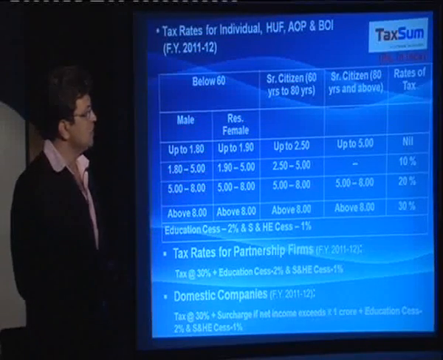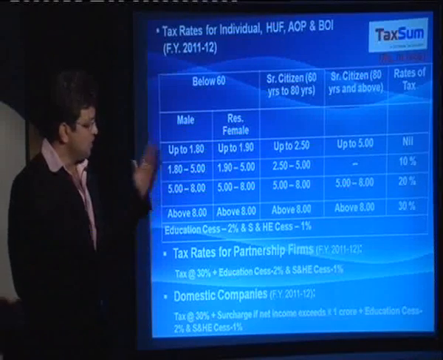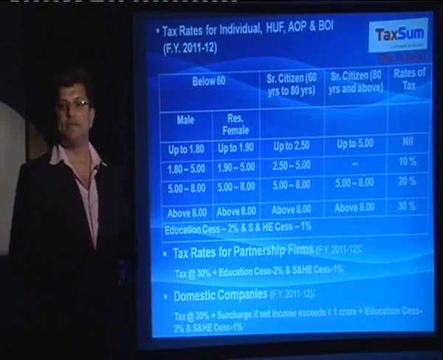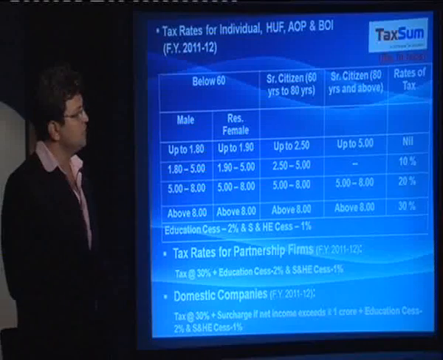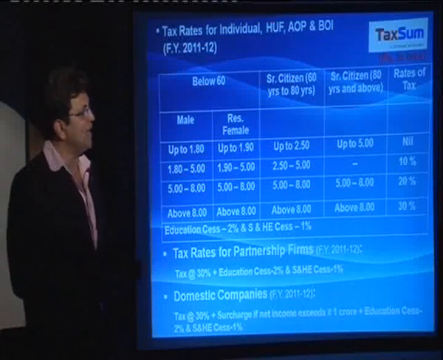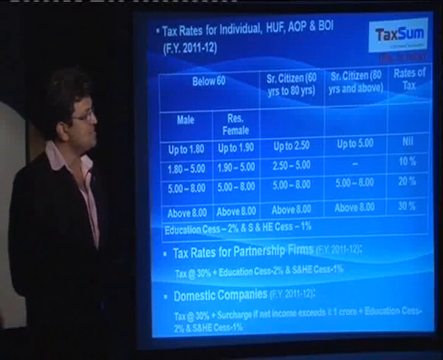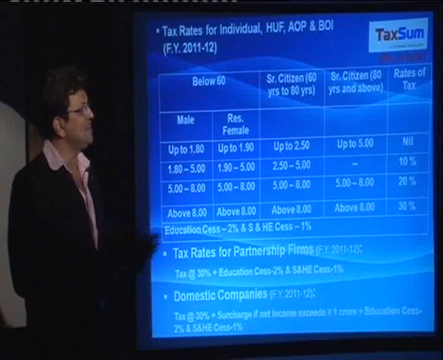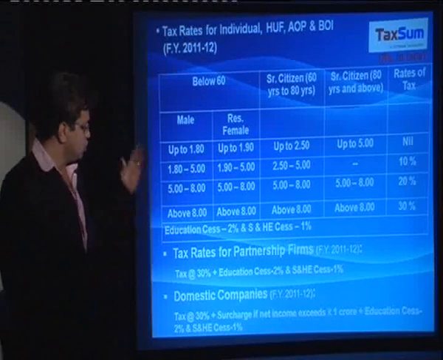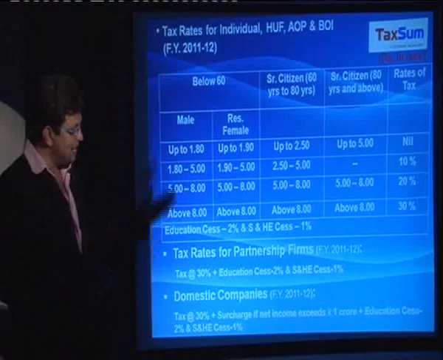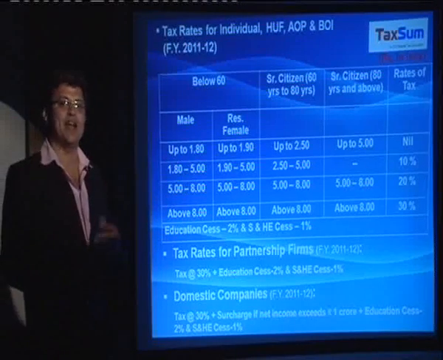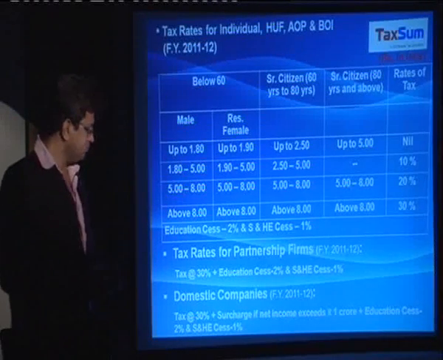For senior citizen from 60 to 80 years, up to 2,50,000 it is exempt. For senior citizen for 80 years and above, up to 5 lakhs it is exempt. And the last column reflects the rates of tax. So as per the slabs and as per the rates which are given, the tax liability is to be computed.